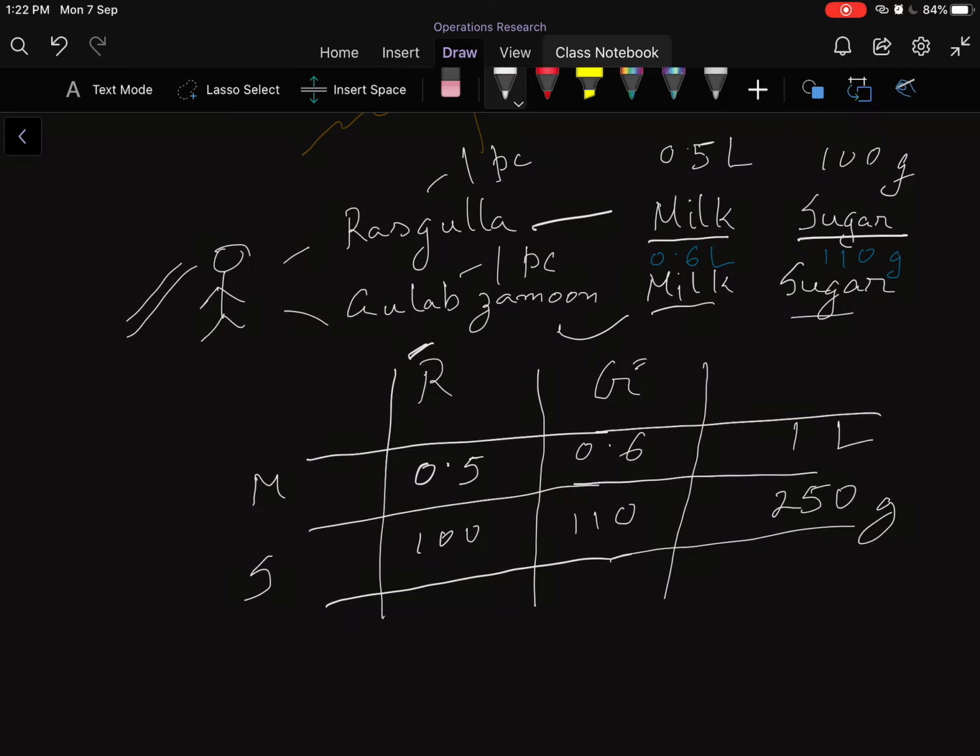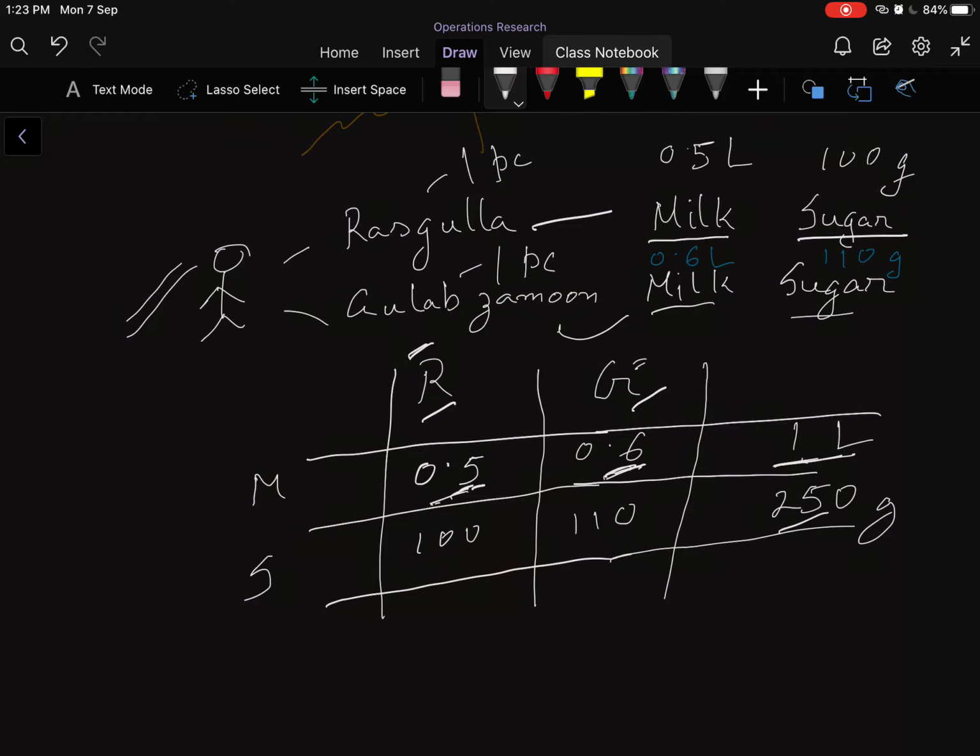So see, he has got only 1 liter of milk, so he cannot produce both rasgulla and gulab jamun, because if he wants to manufacture both, then the total requirement of milk becomes 1.1 liter, and that exceeds the amount of milk available with the person. So he can either make rasgulla or gulab jamun, but he cannot make both.